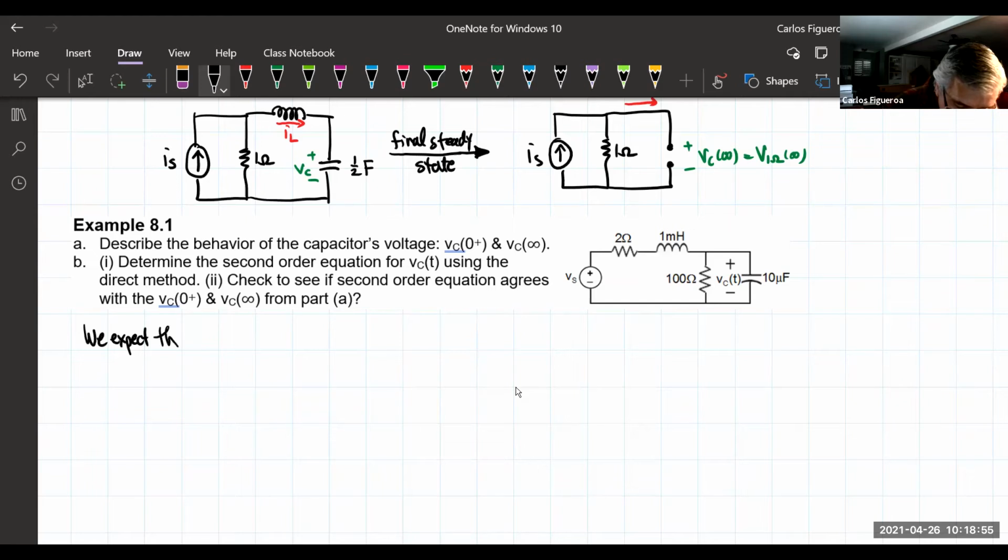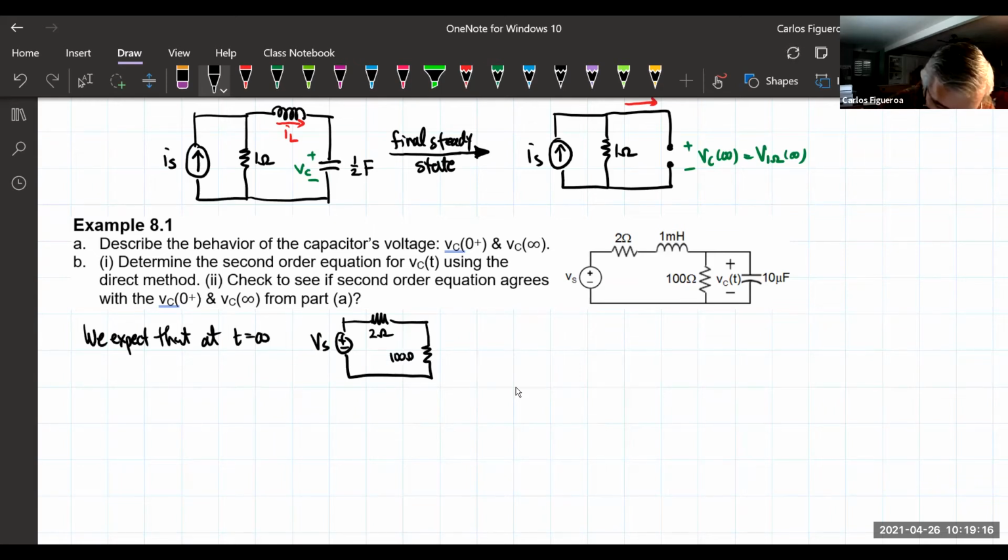We expect that at t equal to infinity, I'm going to have a short here. So this is my 2 ohm, this is my 100 ohm, and then my cap voltage should look something like this here.